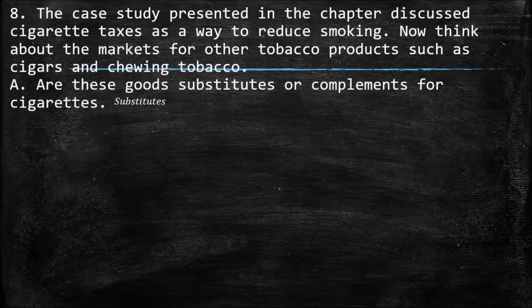I would say they are substitutes. Under certain conditions, we can say that people who like nicotine have a substitute. Maybe they are not perfect substitutes, but they are substitutes between cigarettes, cigars, and chewing tobacco. I don't know many people who consume all three at the same time. They just consume one of them.